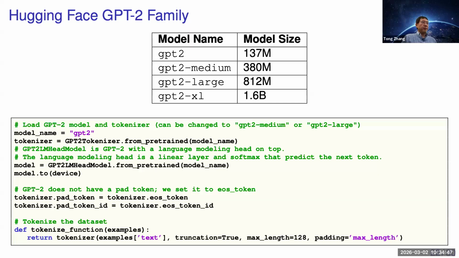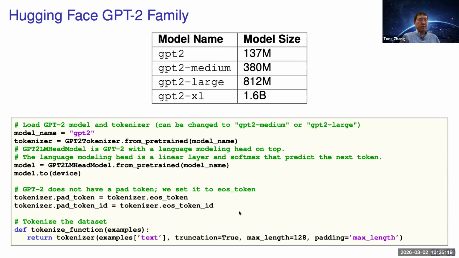Basically, what you do is the following. You have a model, you have a tokenizer. This is the next token head, and then the tokenizer, which we have seen before. I don't want to go over it too much.